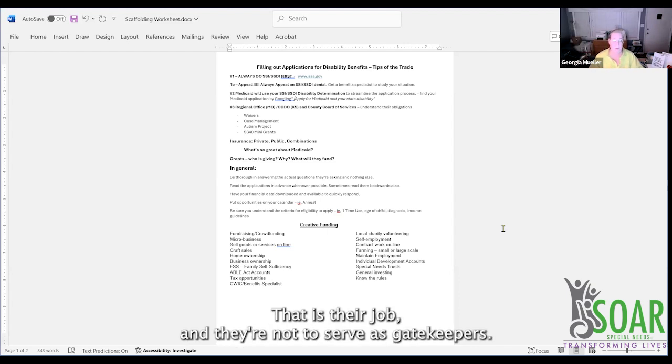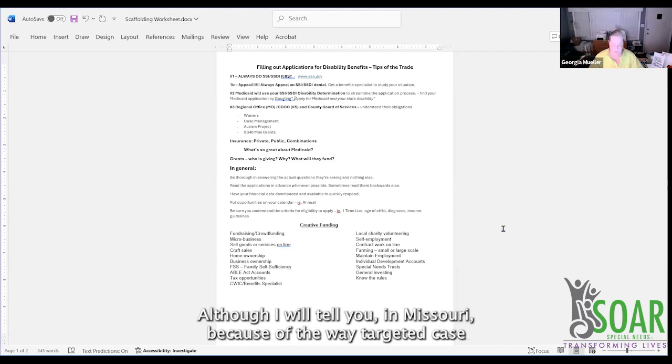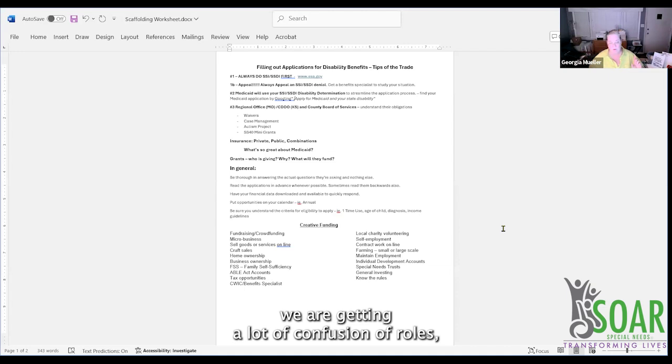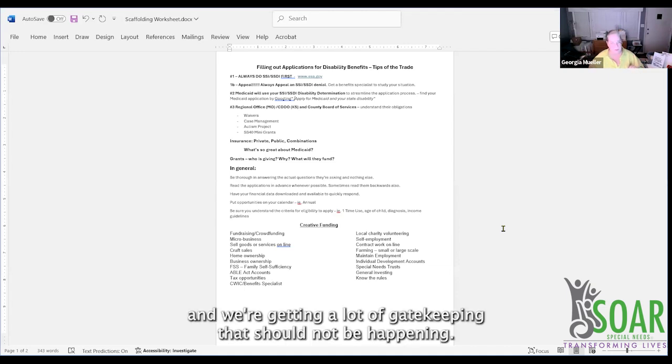That is their job. And they're not to serve as gatekeepers, although I will tell you in Missouri, because of the way targeted case management has changed from being done at regional office to being done in counties, we are getting a lot of confusion of roles and we're getting a lot of gatekeeping that should not be happening.